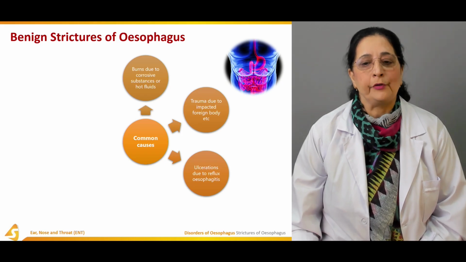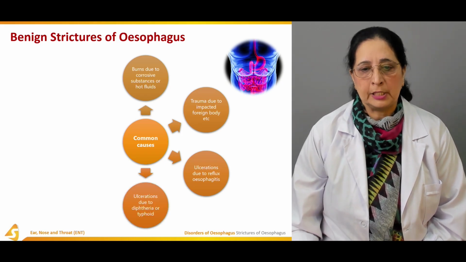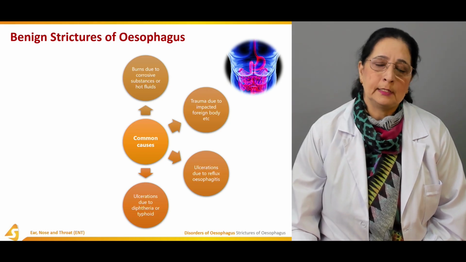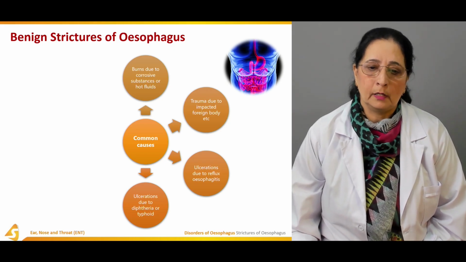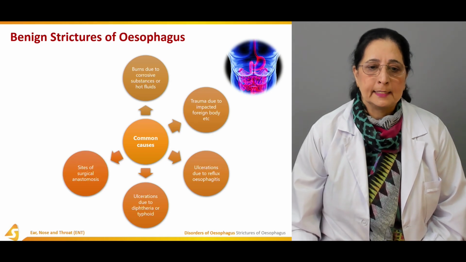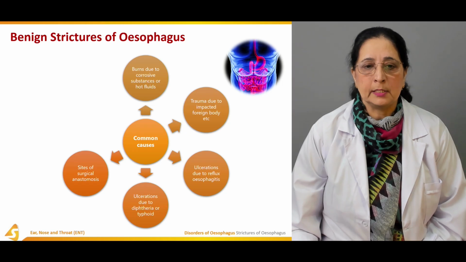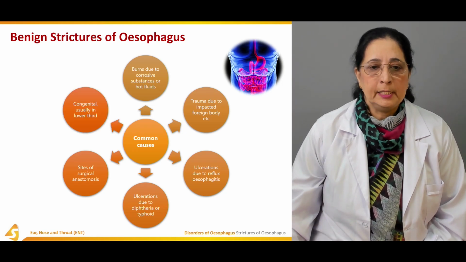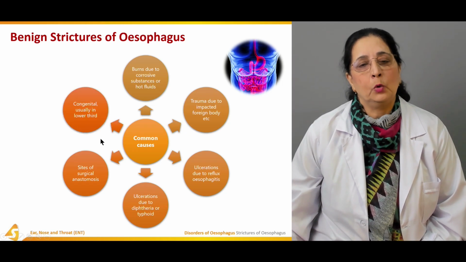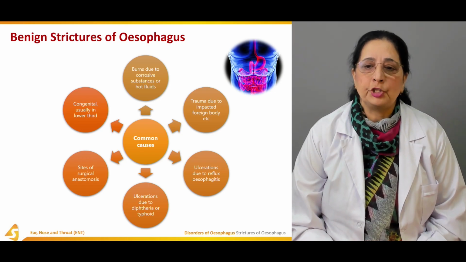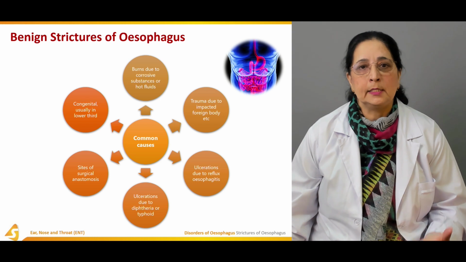Ulceration due to reflux esophagitis. Ulceration due to conditions like diphtheria or typhoid. Sites of surgical anastomosis. Congenital, usually in the lower third. So common causes of esophageal strictures are all these conditions.